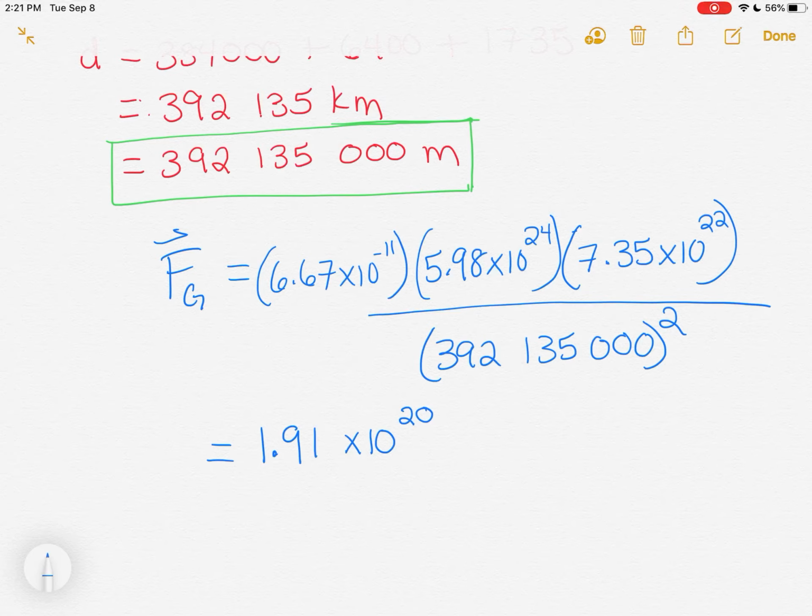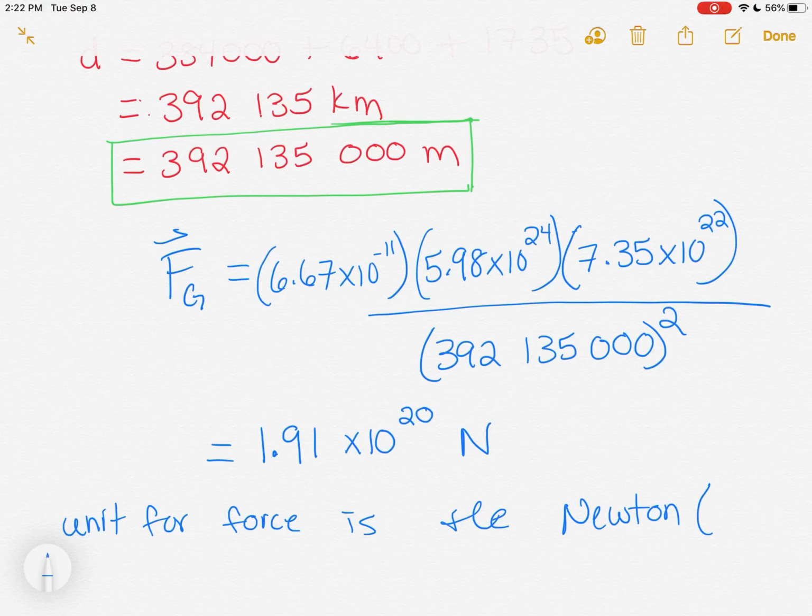Forces are actually measured in the unit newtons. So the unit for force is the Newton, with a capital N.